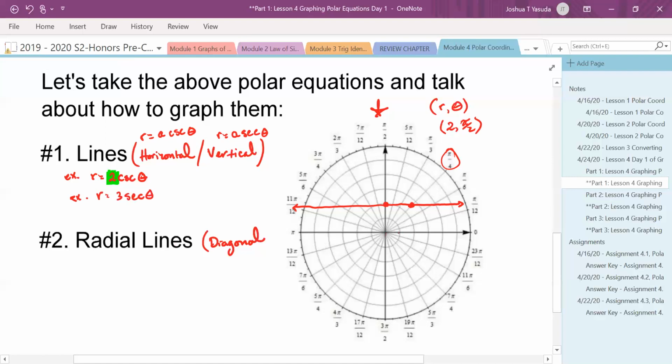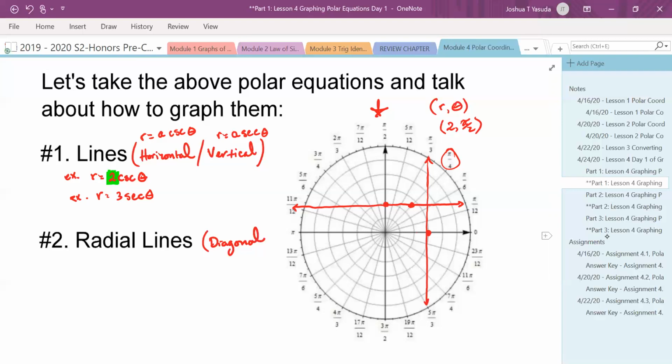I'm going to go out 1, 2, 3 and make a point, and from there I would make a vertical line, to the best of my ability. Probably should get a straight edge, I don't know. So there would be a vertical line for the same reason, because secant of 0 is still 1. 1 times 3 is 3. Okay, so there we have it.